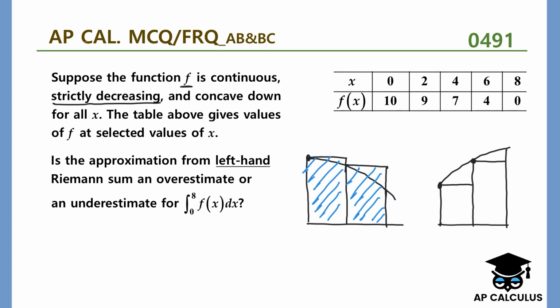As you see, the area of the rectangle is less than the actual area under this curve, right? So when a function increases, the left-hand Riemann sum will be an underestimate, right? So the answer for this question must be overestimate because the function is decreasing.